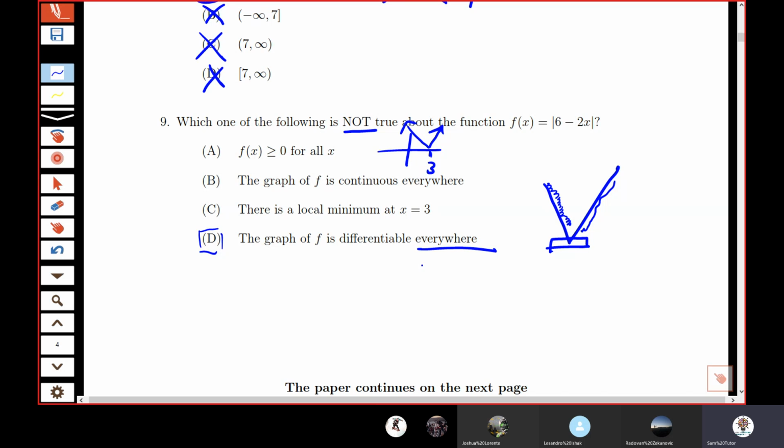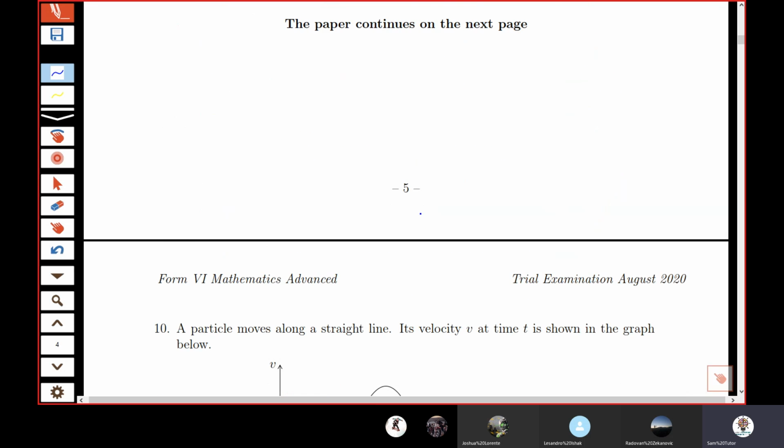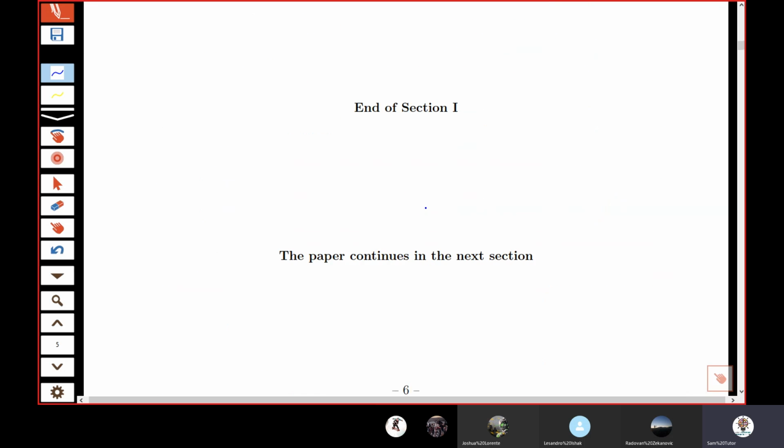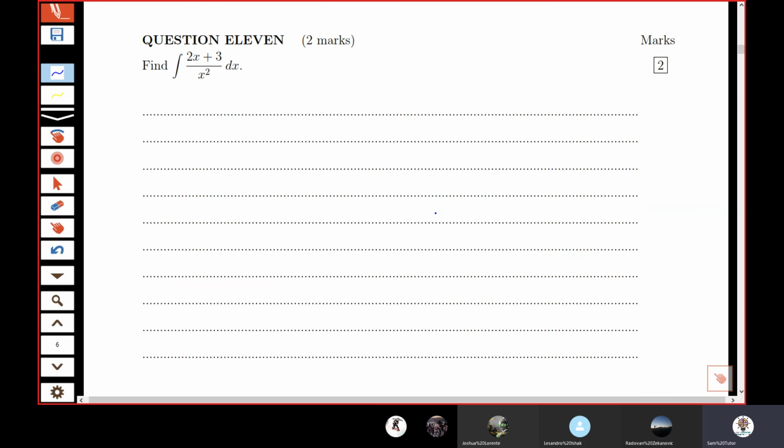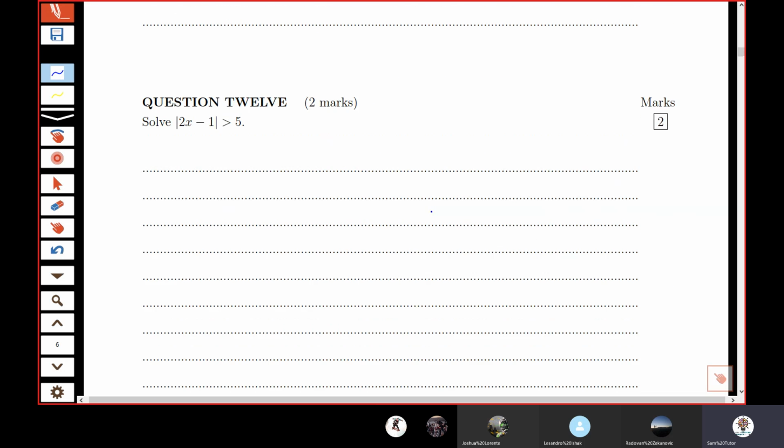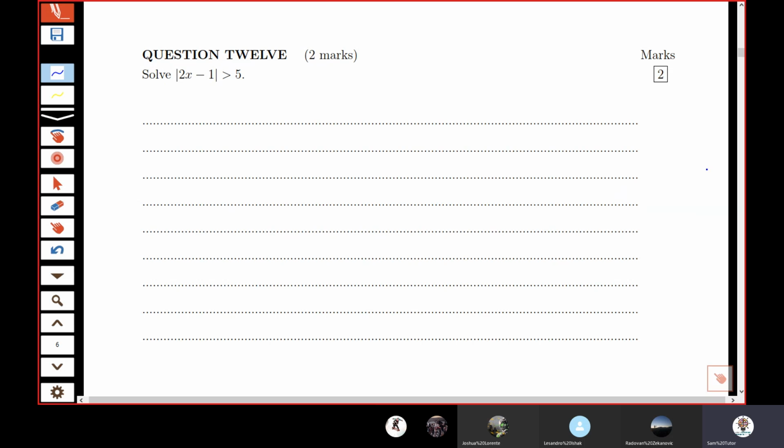Any questions? Integrate, not for you. Solve. Yep, that's for you guys.